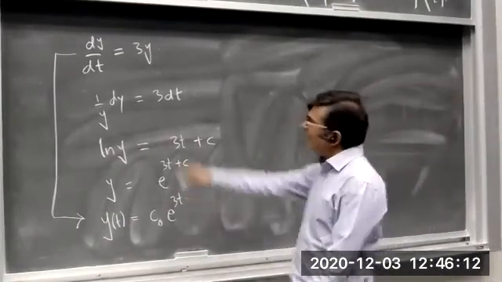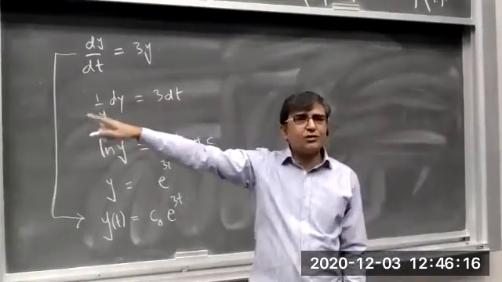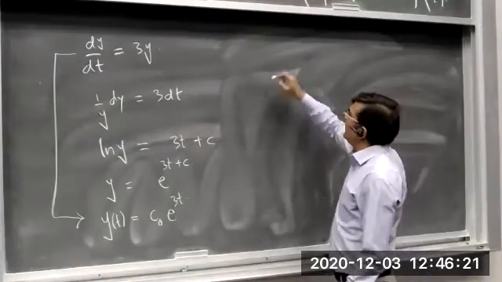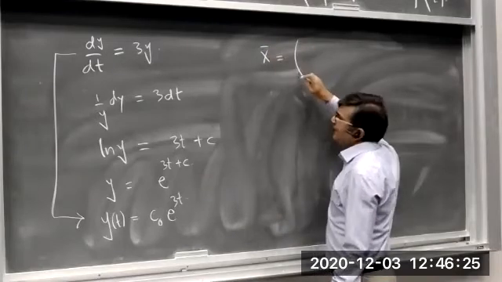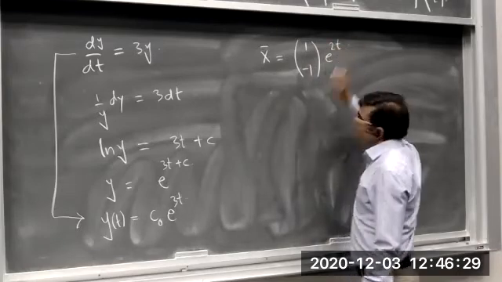If it is a single equation, it is this. If there is a system of two equations, what type will the solution be? We just saw an example. In that example, the solution is 1, minus 1 times e raised power 2t.